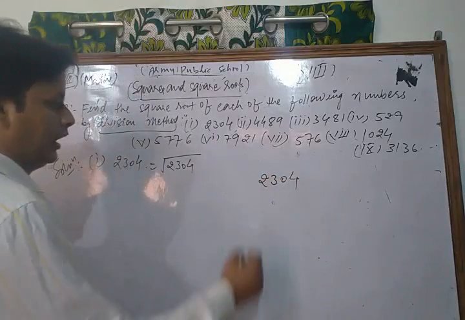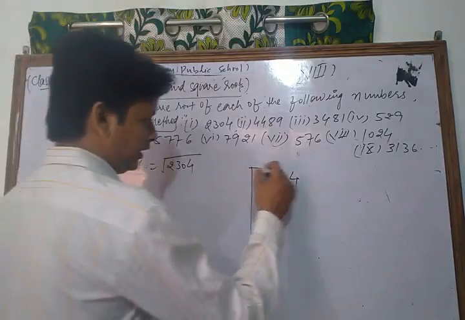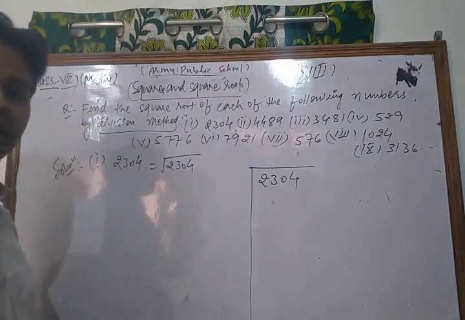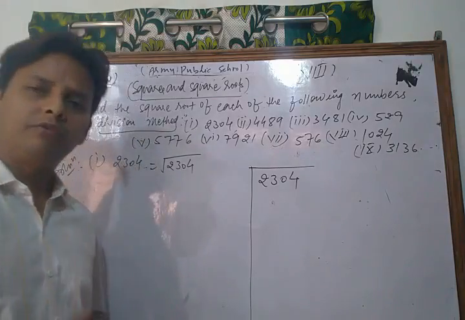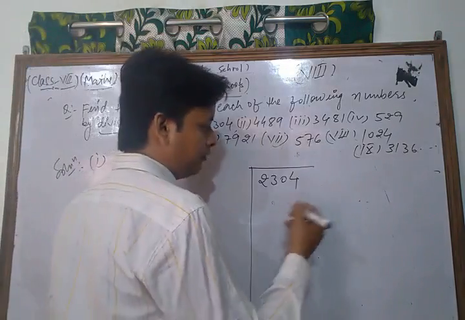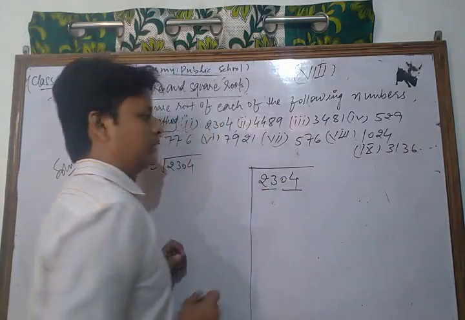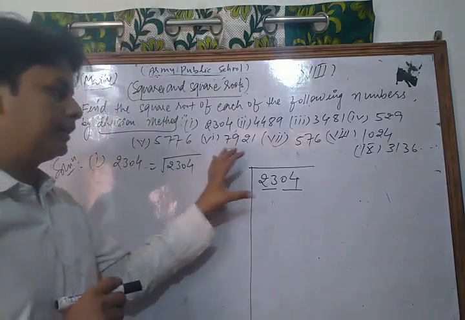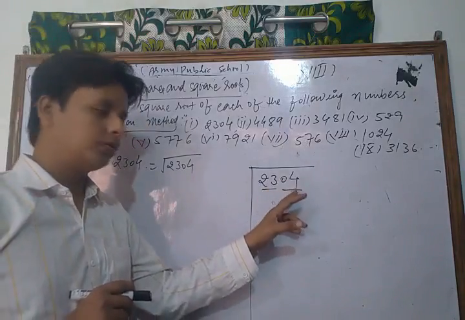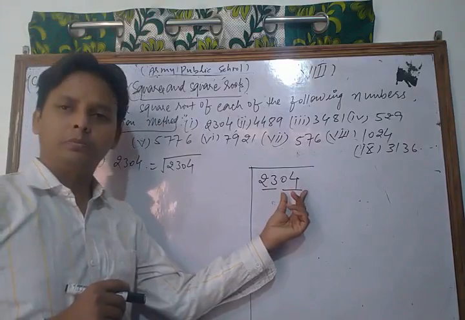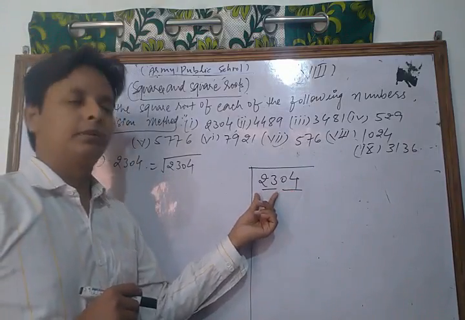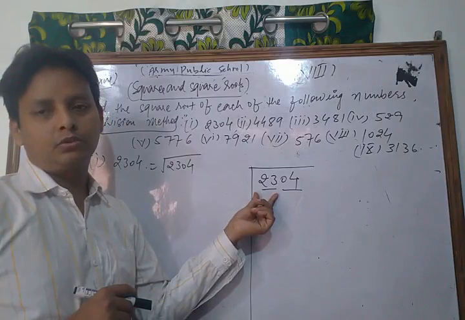In the division method we form pairs from the right side of the number. Here we take two pairs: 04 is the first pair, and the second one is 23.